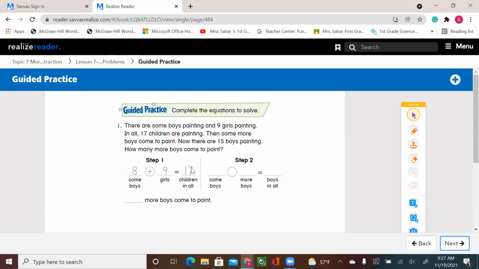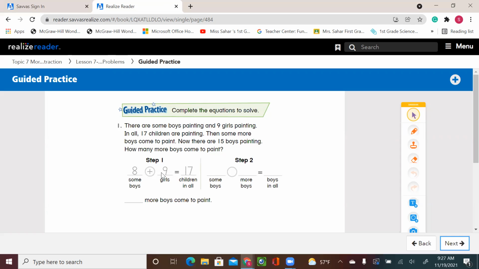Look at it. I know that I have 9 girls. I know the total 17, but I do not know the number of boys that are painting. So we're going to start with 17, that's the total, and 9, the part I know. So I'm looking for that missing part. I'm asking myself a question: something plus 9 equals 17.